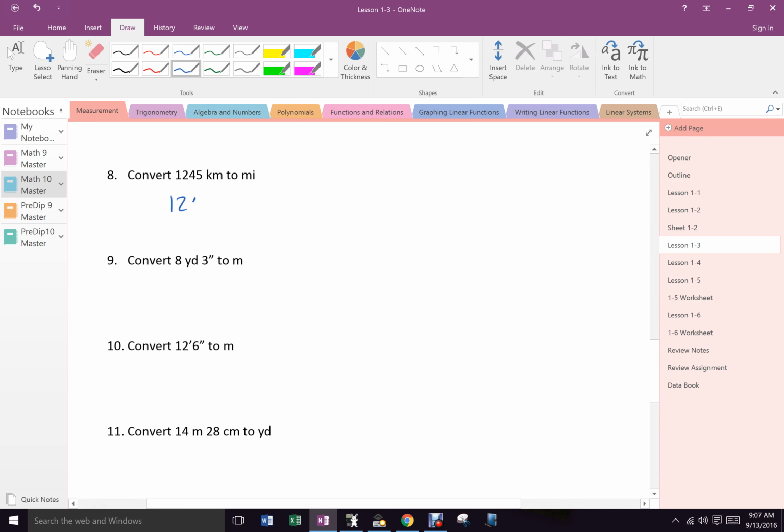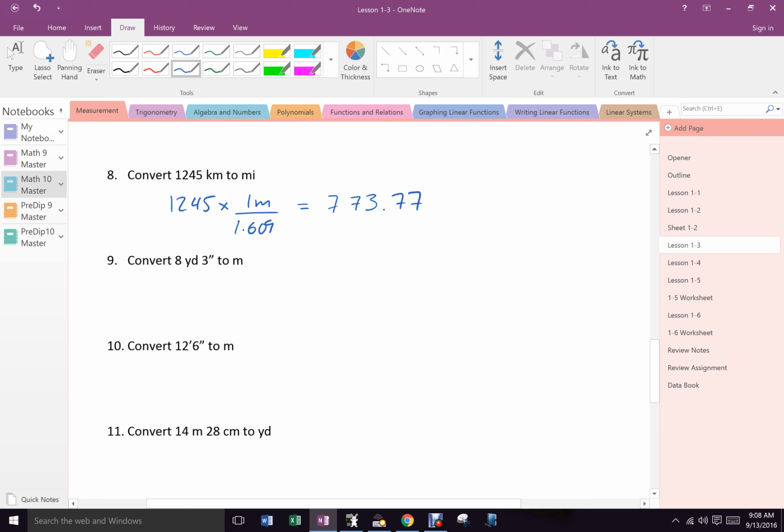Kilometers to miles. I want miles. So 1 mile is 1.609 K. So this is a divide, isn't it? Now we start to get to trouble.